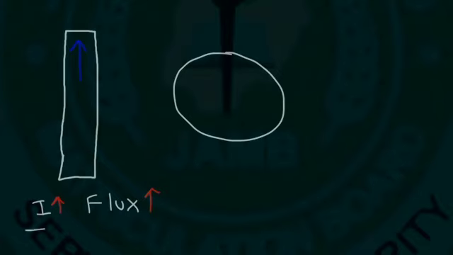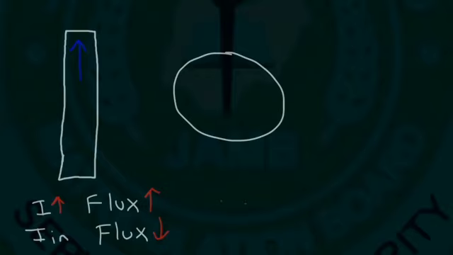So therefore, the induced current in the circular wire is going to create a flux that opposes the original flux. So if the original flux is increasing, according to Lenz's law, the flux created by the induced current will try to decrease the increase in flux. So it's going to oppose it. It's going to be opposite to it.